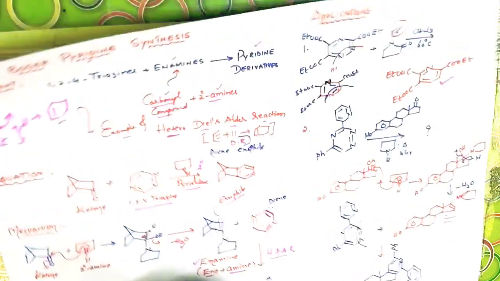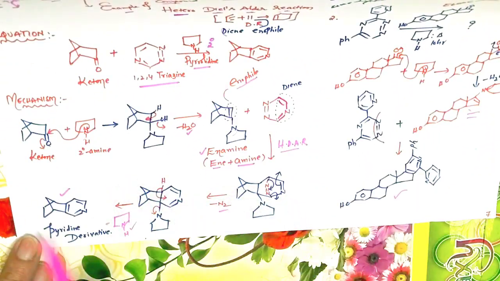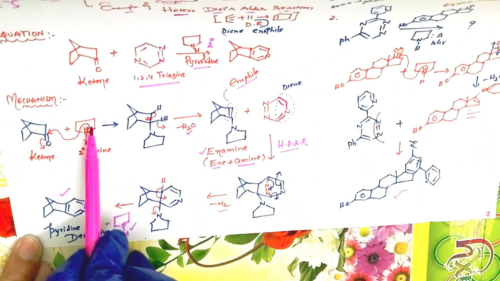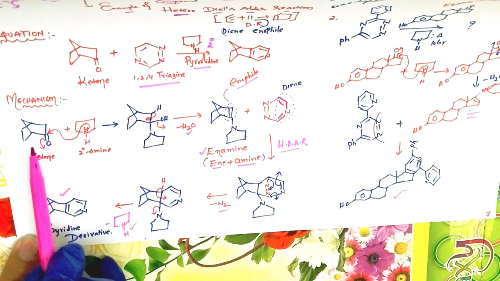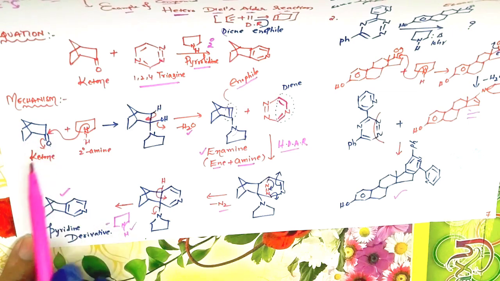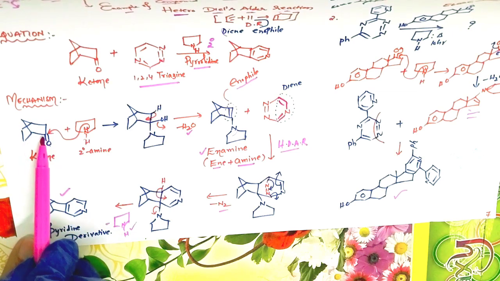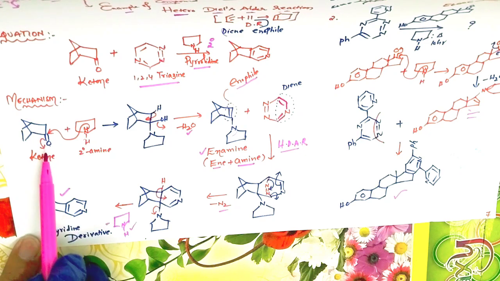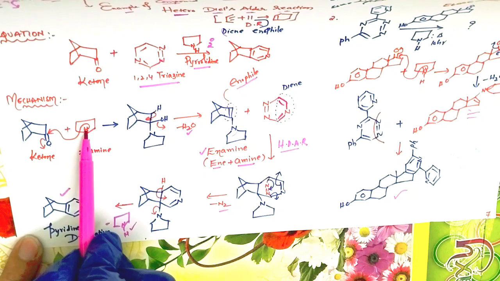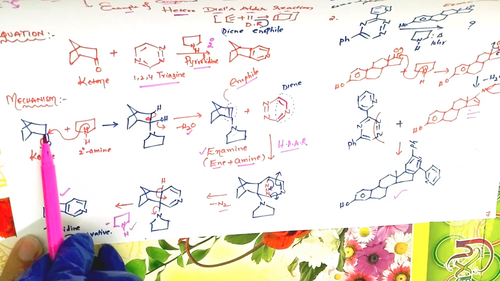Okay, let's see the mechanism. In the mechanism, what is happening? Initially, the secondary amine is treating with the carbonyl group. Already we know that in the carbonyl group, the carbon is electron deficient. Why? Because oxygen is more electronegative. That's why the pi bonding electrons move towards the oxygen. Here, positive center generation takes place. That's why nitrogen donates its lone pair of electrons to the carbon.